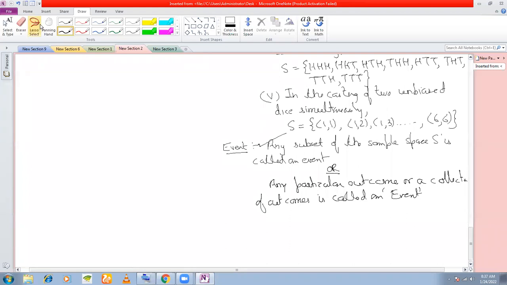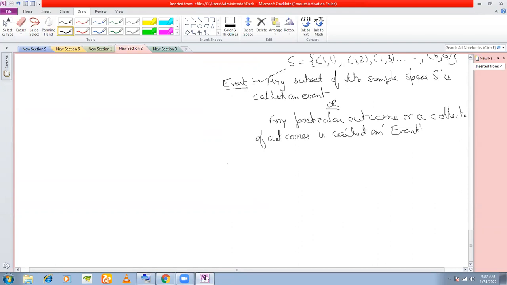Now the examples for events. In the casting of a fair dice or an unbiased dice, the sample space is this, right?